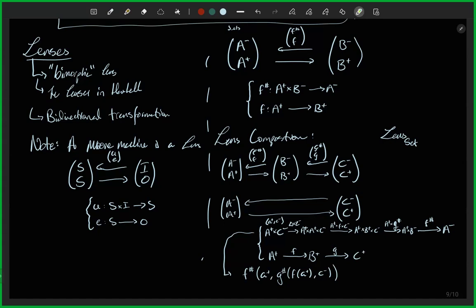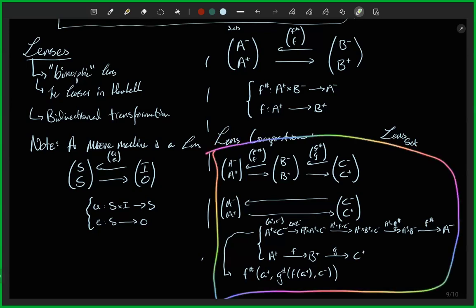A lens here is a pair of functions of this signature, which is a little weird. As you can see, it goes forward from A plus to B plus, and then it goes backwards from B minus to A minus. But when you're going backwards, you're also allowed to use an extra input from A plus. Lenses form a category, and the way they compose is in this corner down here.